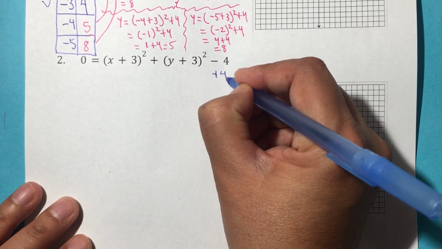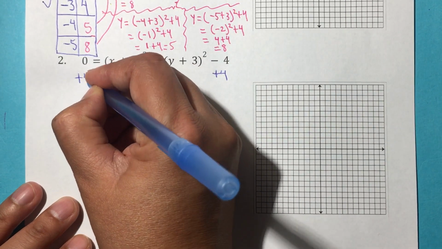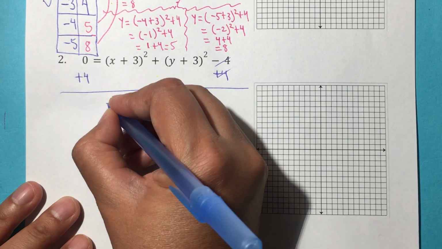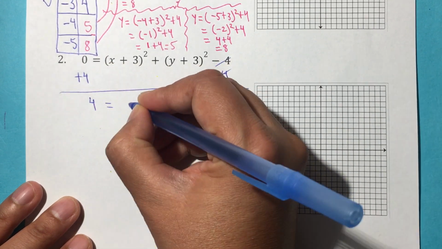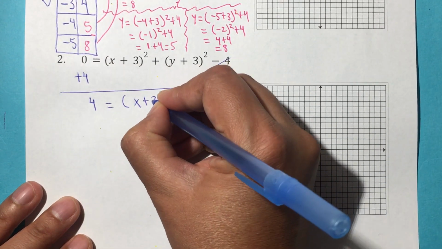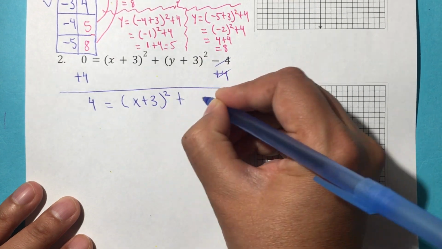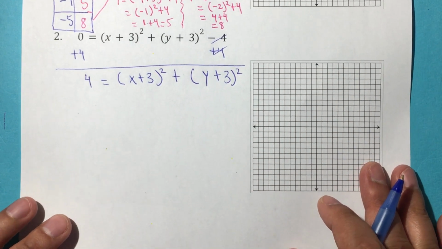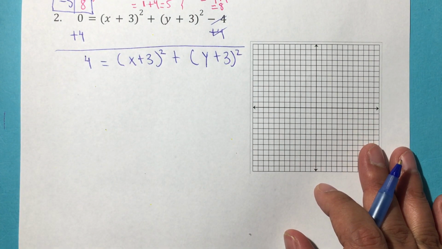So we're going to cancel that -4 by adding it to both sides. And we end up with 0 plus 4 is 4. (x + 3) squared plus (y + 3) squared. That's the standard form to graph a circle, okay?